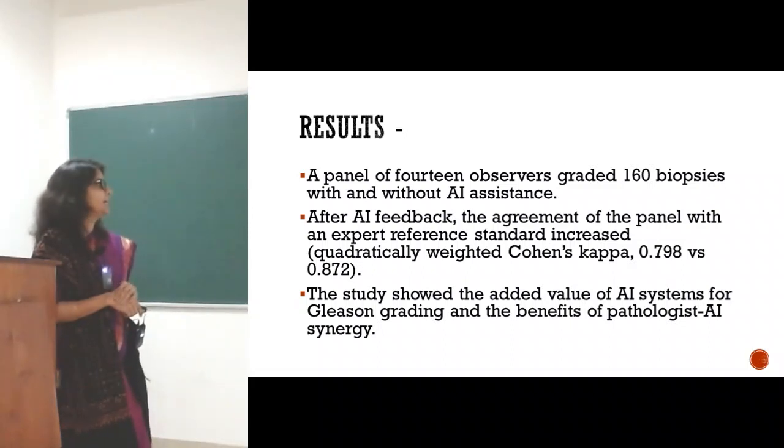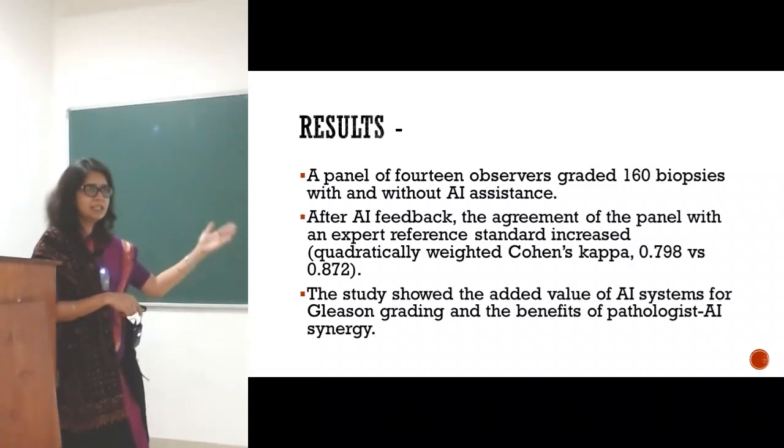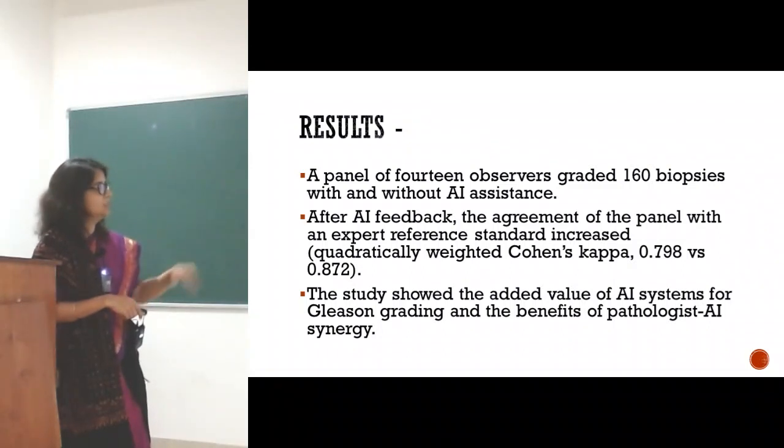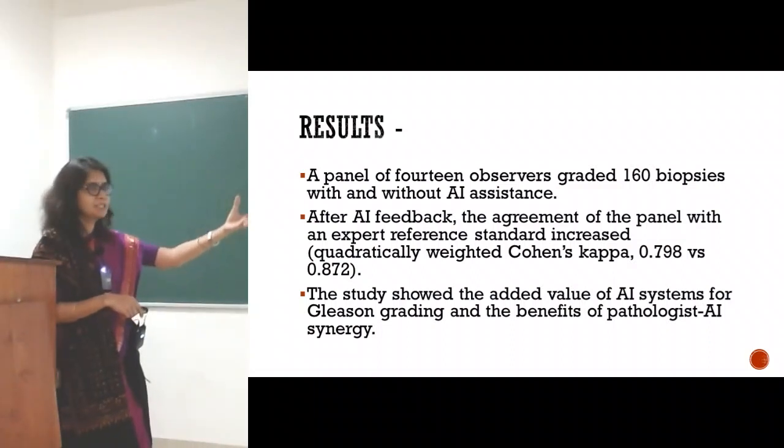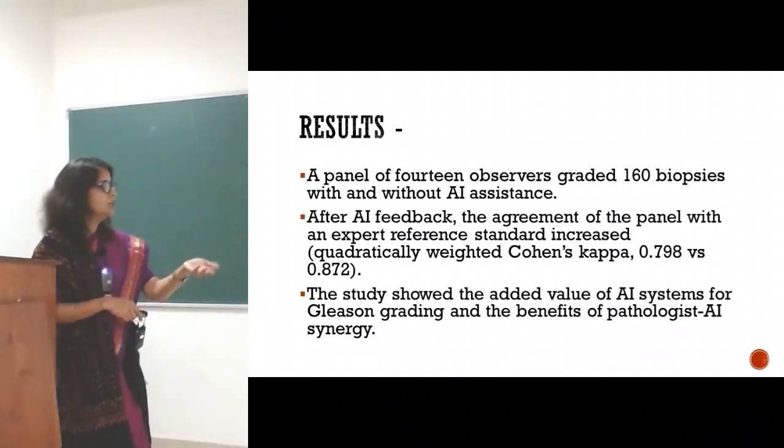So AI is unlikely to replace pathologists for Gleason scoring, but it can really make the pathologist's job much faster. When you can see that image where the computer is already recognizing and giving you a score, your job is done in half the time, and you can concentrate on those areas and just check whether the computer has done it correctly or not.